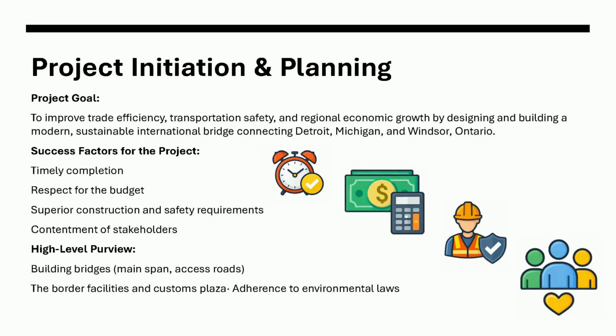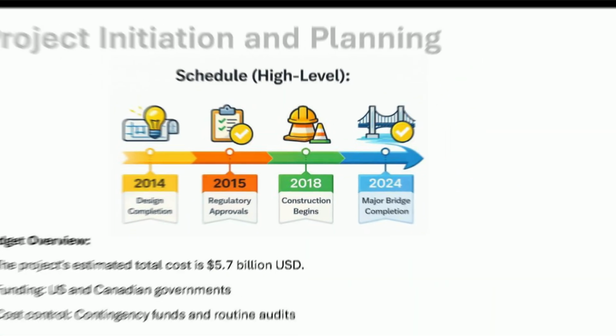Some key success factors include completing the project on time, staying within the budget, maintaining high construction quality, and also, most importantly, satisfying the stakeholders. Furthermore, the high-level scope includes constructing the bridge itself, access roads, and customs plazas, while ensuring compliance with environmental regulations.